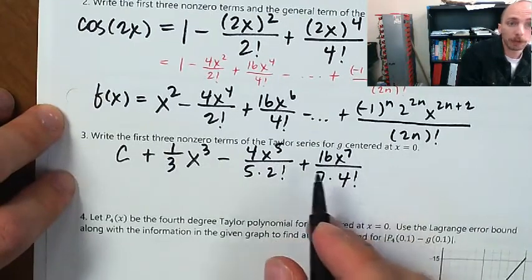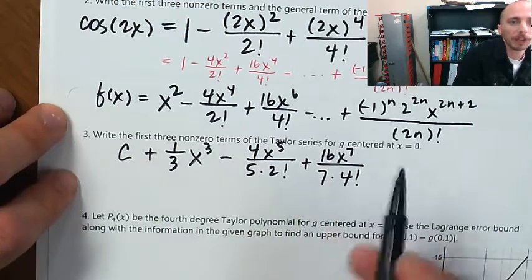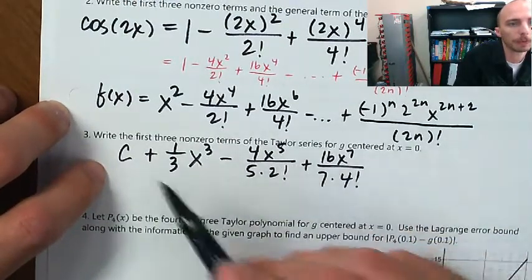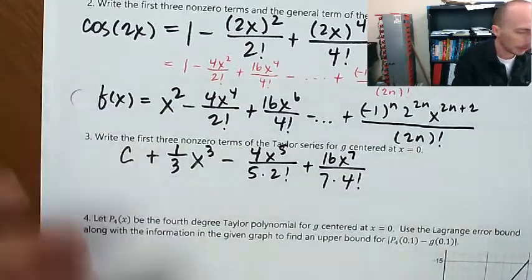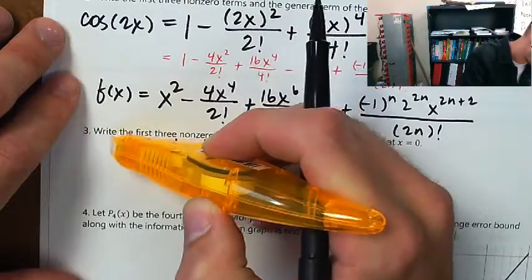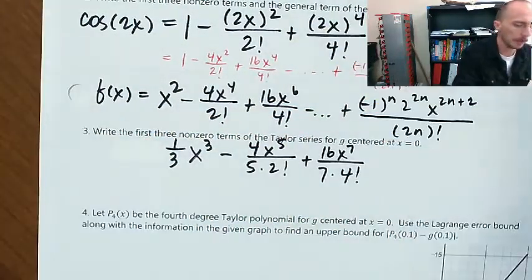It didn't ask for the general term, so I'm not going to write it. At x equals 0, it needs to come back 0, so 0 plus 0 plus 0 plus c needs to equal 0. That means c equals 0, so I'm going to get rid of that. And there it is.